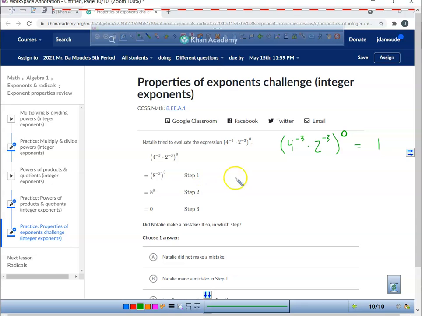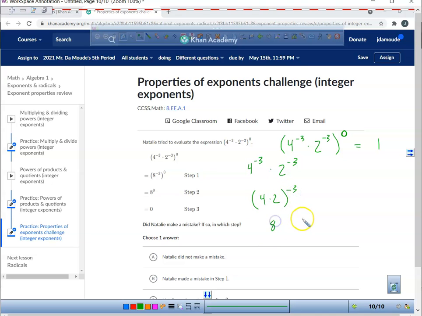That's not the answer. Step 1's not the answer. Well, let's see here. 4 to the power of negative 3 times 2 to the power of negative 3. If we factor this out, it becomes 4 times 2 to the power of negative 3.